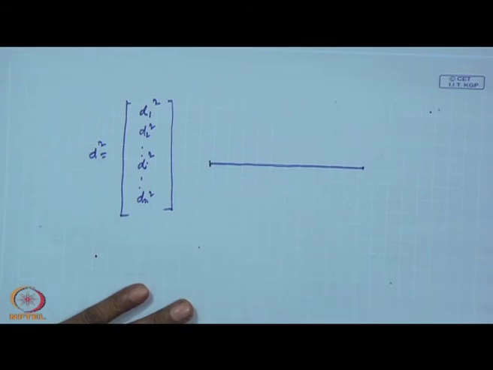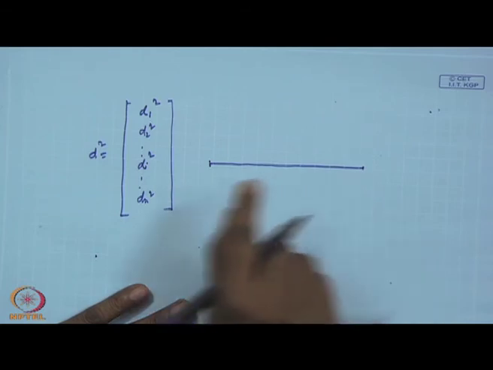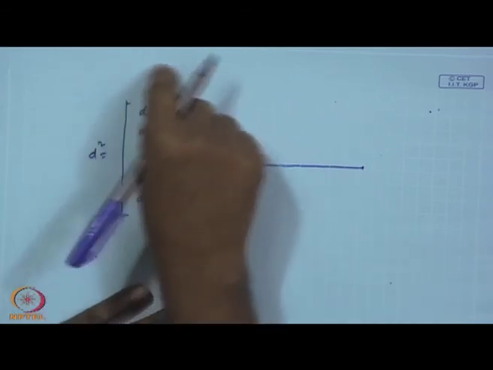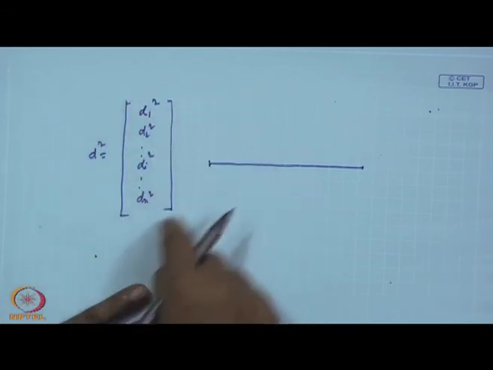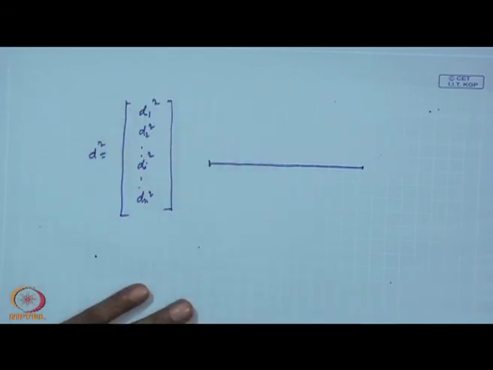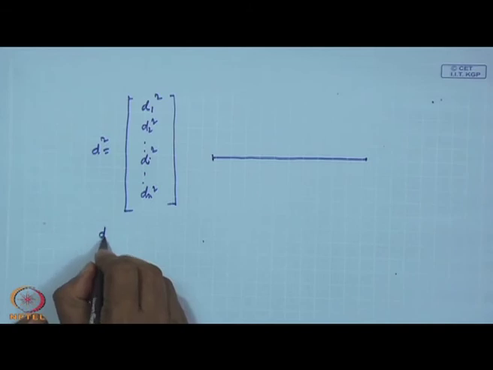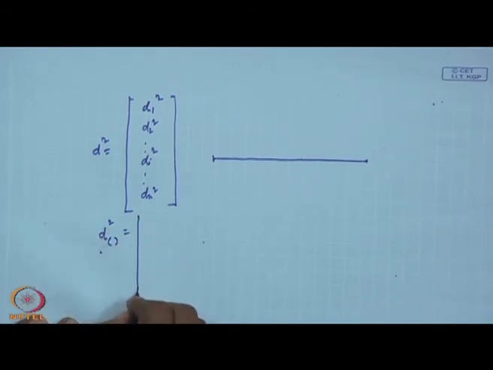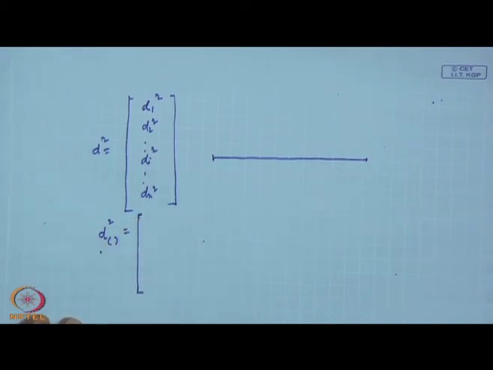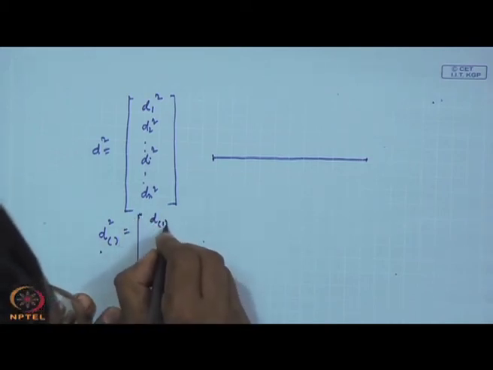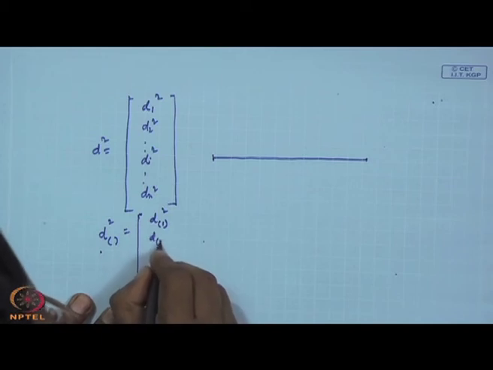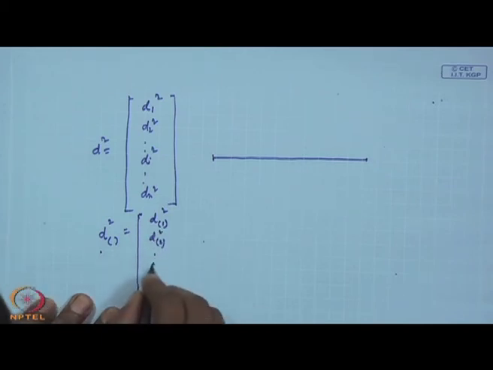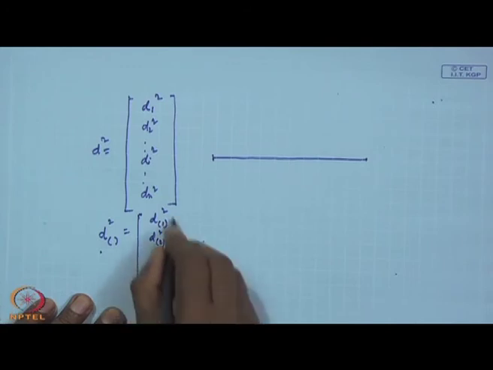Please remember, we say quantile plot. If you require to know the quantiles, one of the issues is you have to arrange these observed values in ascending order. So, my ascending data for the distance values are like this: d within bracket 1 square, within bracket 2 square, like this, d within bracket i square, like within bracket n square.